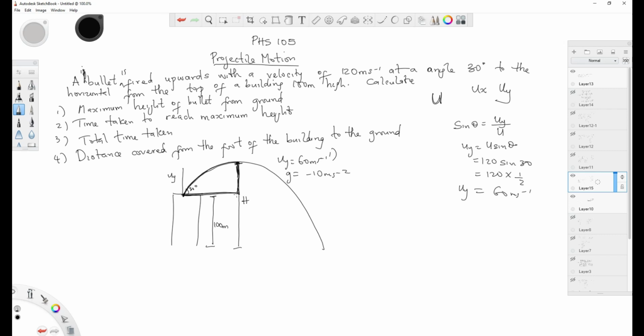What else again do we have from this? And we can tell the final velocity, isn't it? Since it's going to reach this maximum height and take a rest, so Vy equals 0 meters per second.